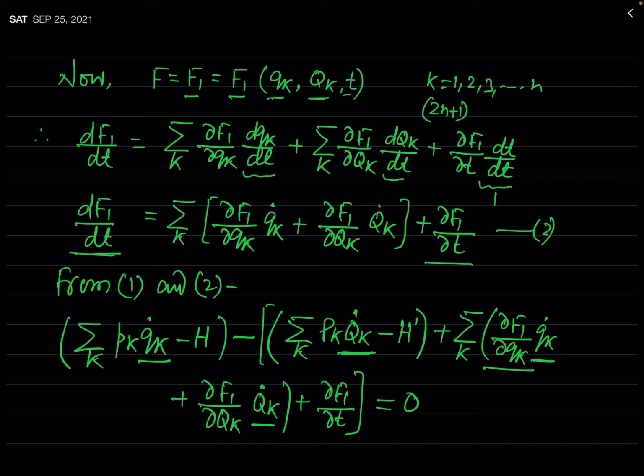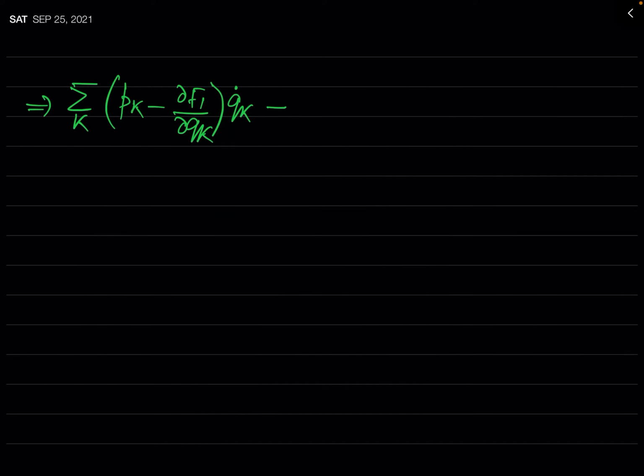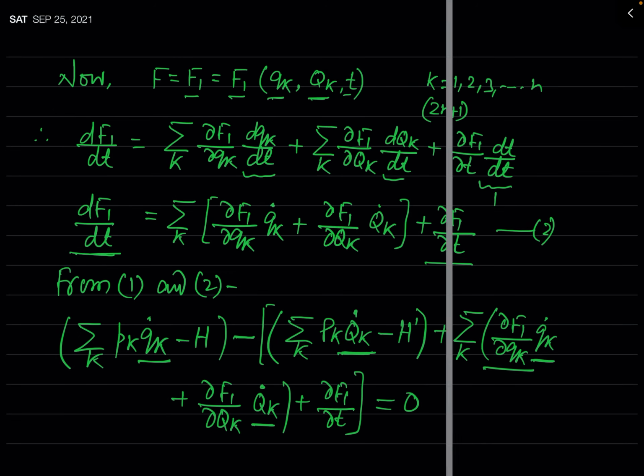Since here is a minus sign, I have taken minus, and this will be summation over k capital Pk and plus del f1 by del capital Qk, and capital Qk dot is a common factor.